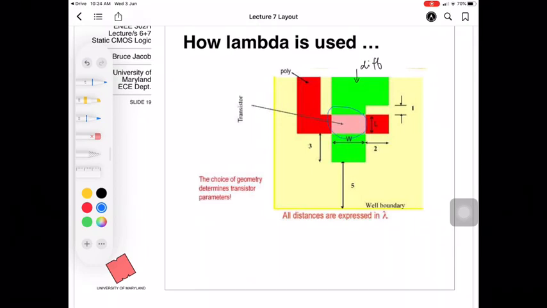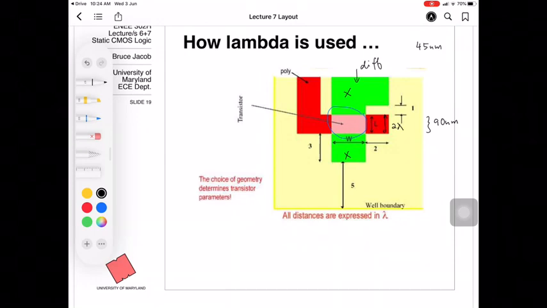The source and drain will be over here. The minimum size is L here, which is also what we define as 2 lambda. So if the technology is 45 nanometer, this 2 lambda will be 90 nanometer.